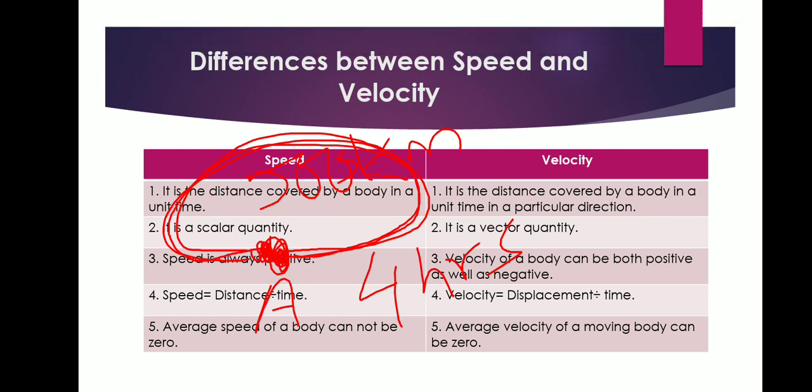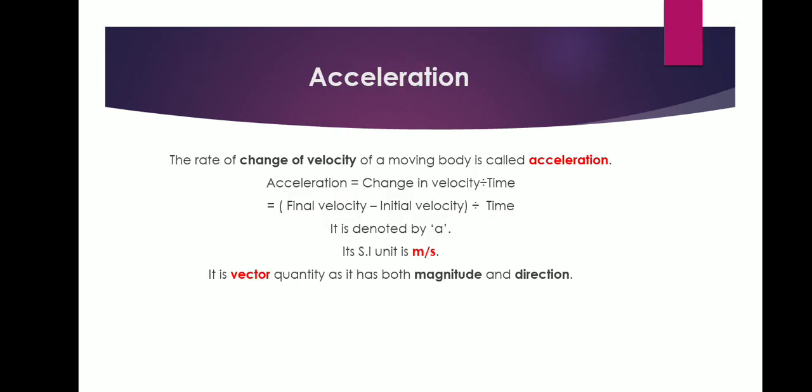Then next we have acceleration. What is acceleration? When a bus moves fast or slow, or stops, its velocity changes, and its motion changes. This is what we call acceleration: the rate of change of velocity of a moving body is called acceleration.